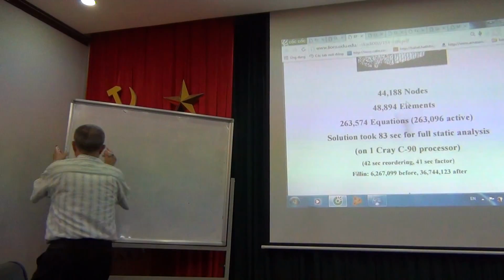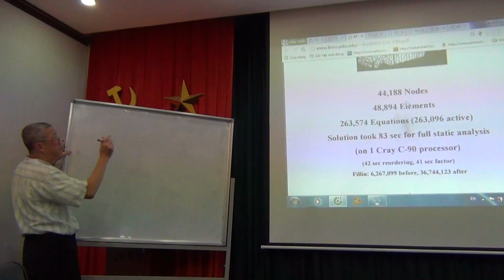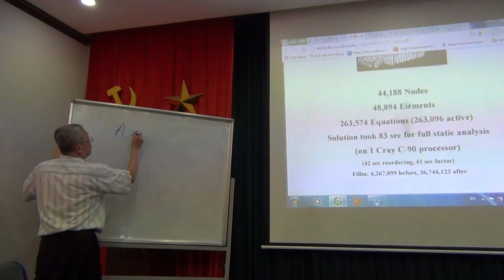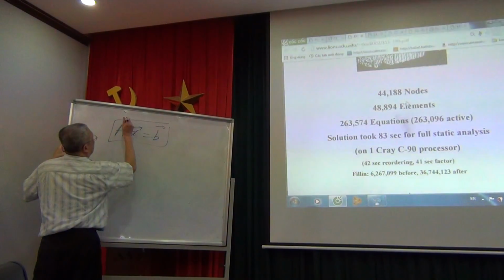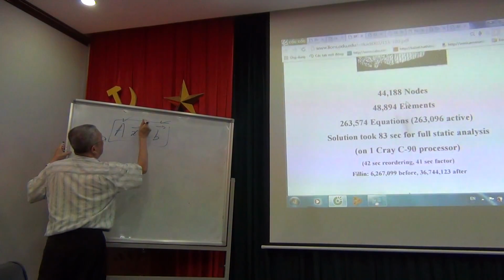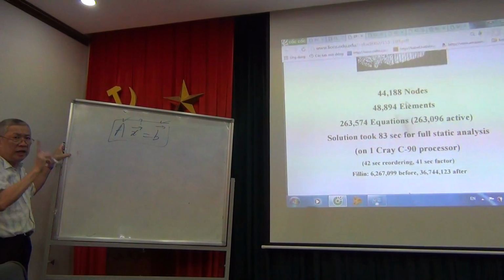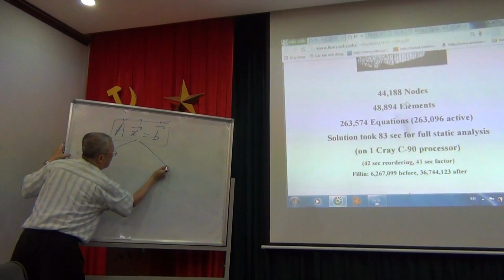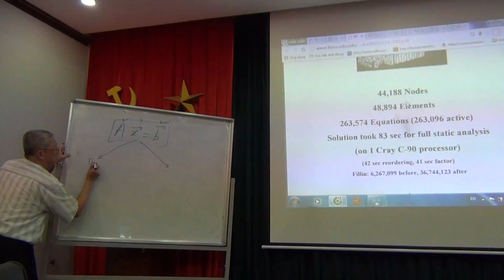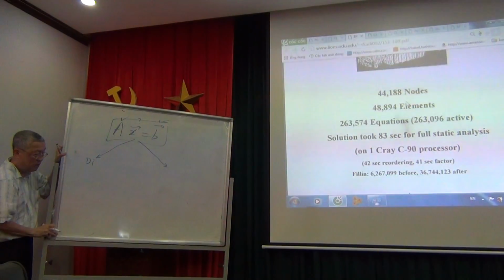See, this is a very important big picture. When you solve Ax = b for the given A, the given b, and unknown x, in the big picture there are two categories, two different groups of methods. First, we call it the direct method. Can you see all of them?